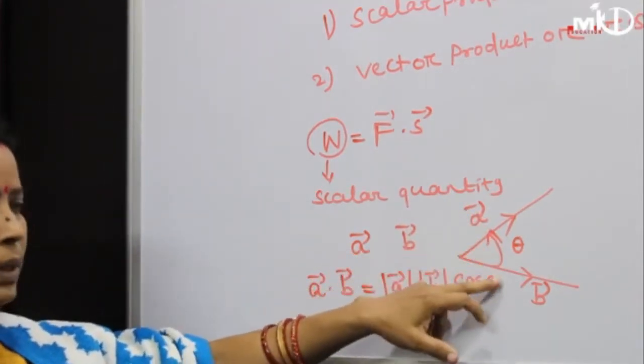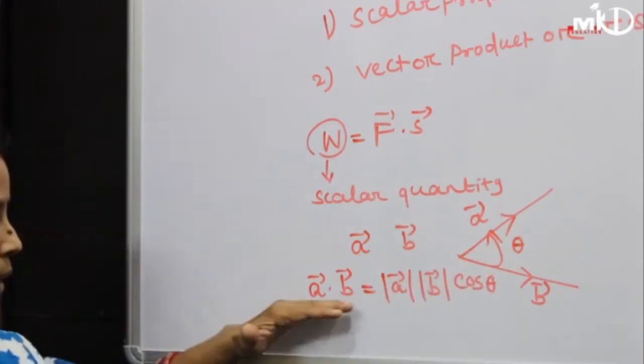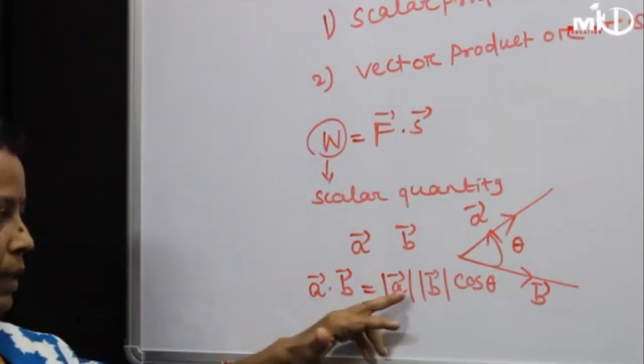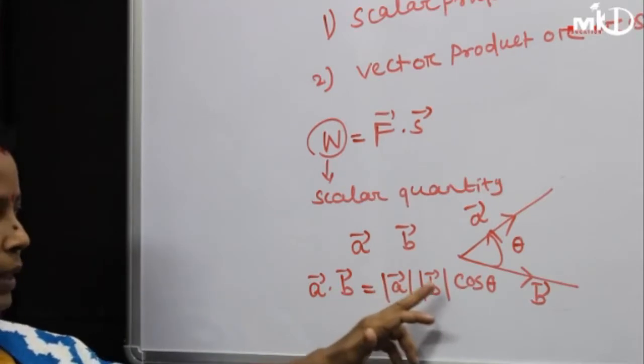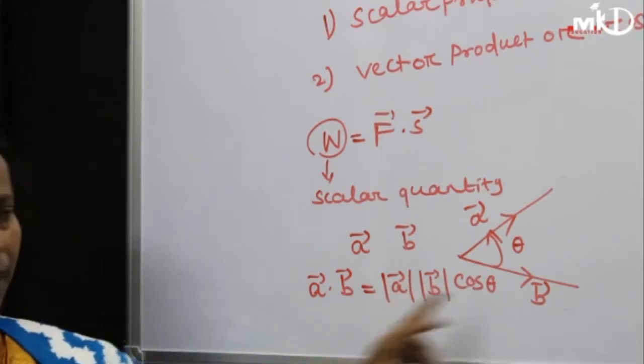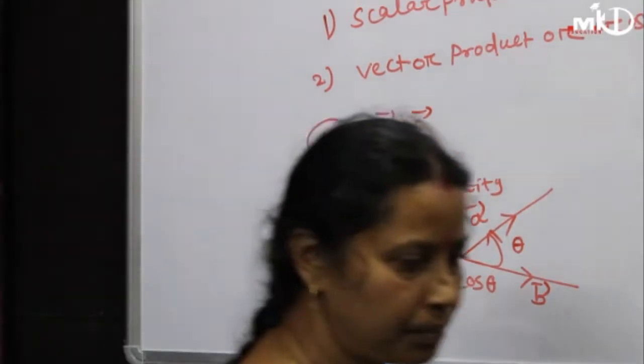So the dot product or scalar product is modulus of a bar into modulus of b bar into cos theta.